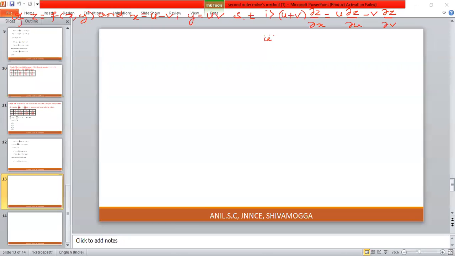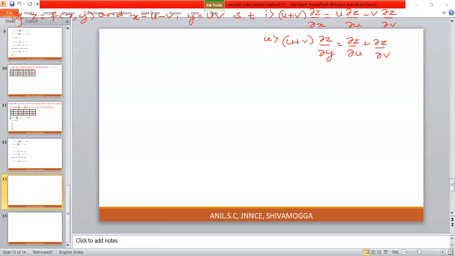Second case, u plus v into del z by del y is equal to del z by del u plus del z by del v. These two identities are to be established now.